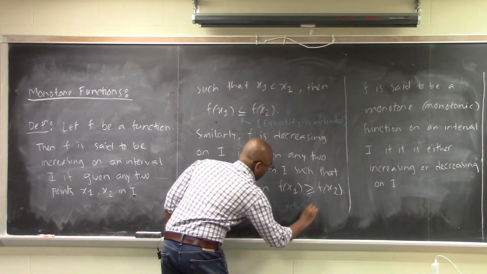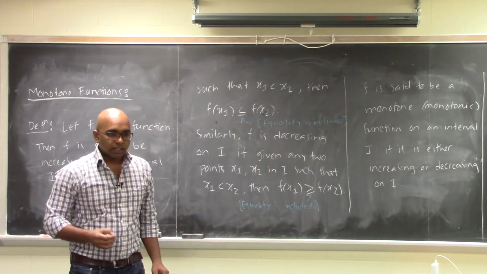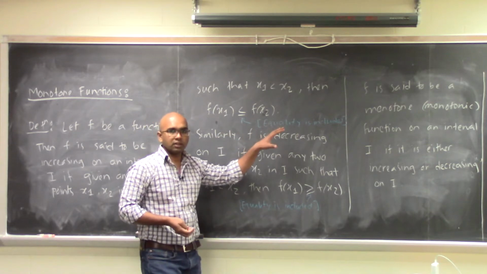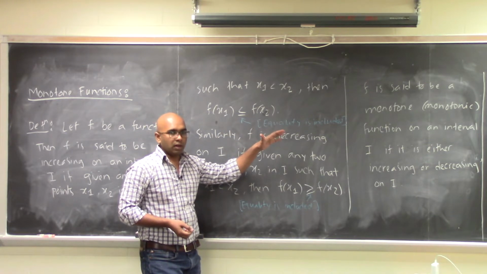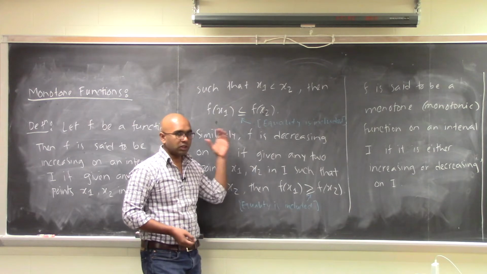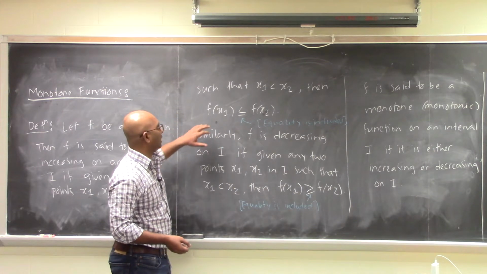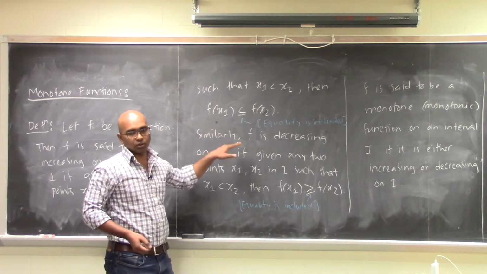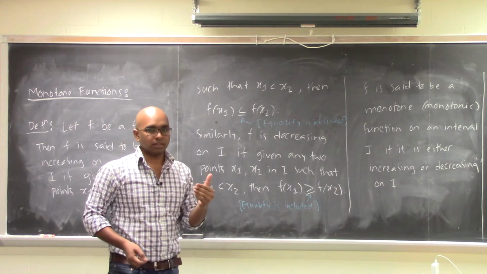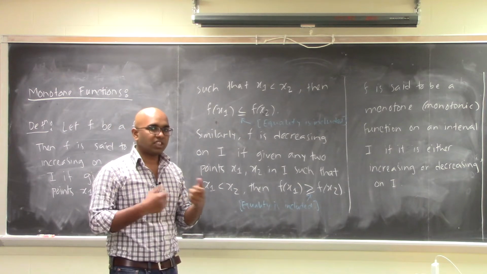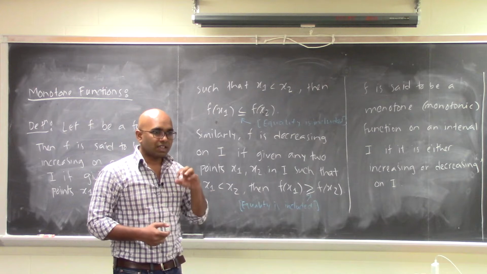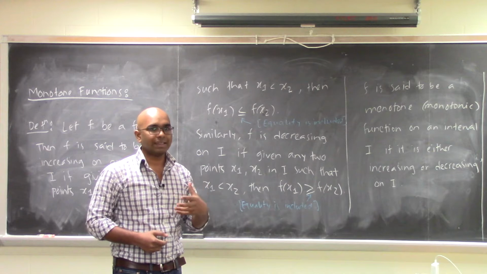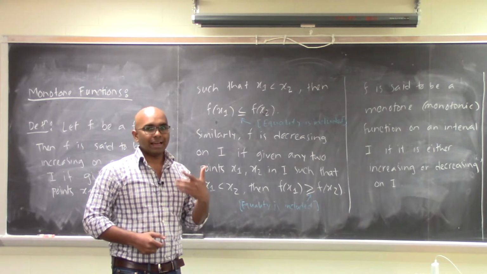Now some people, actually I think Thomas, do not include that equality, and we have another definition. So this we call a function is increasing if f of x1 is less or equal to f of x2. And if f of x1 is strictly less than f of x2, we say f is strictly increasing on that interval. So we have the notion of strictly increasing and strictly decreasing. Some people don't actually talk about those two things. When they say increasing or decreasing, they just mean strictly increasing and strictly decreasing.